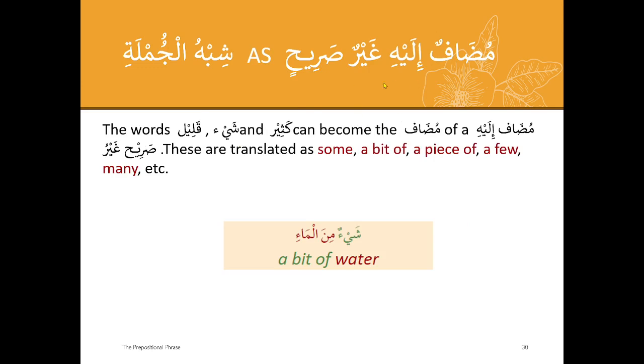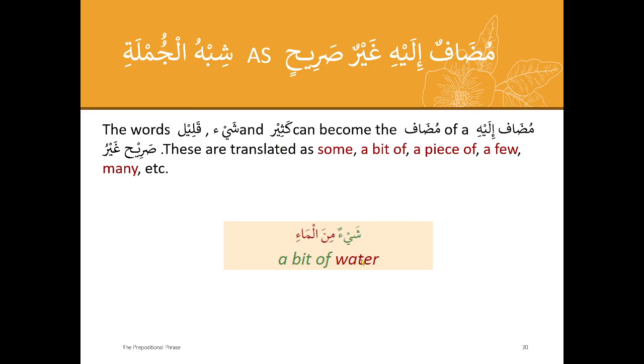Okay, this will be our final one. This is just a note because we see these words qalilun, shay, kathir can become the mudhaf of a Mudhaf Ilayh Ghayr Sarih. In this case, we translate it as some, a bit of, a piece of, a few, many.